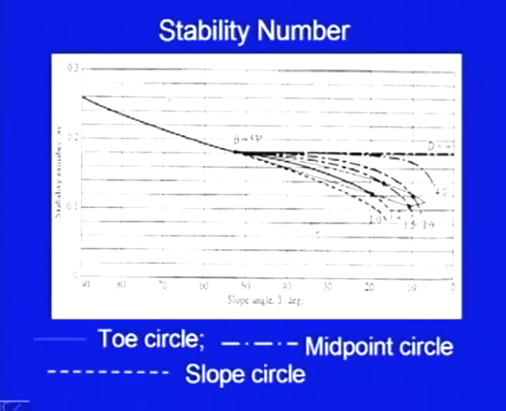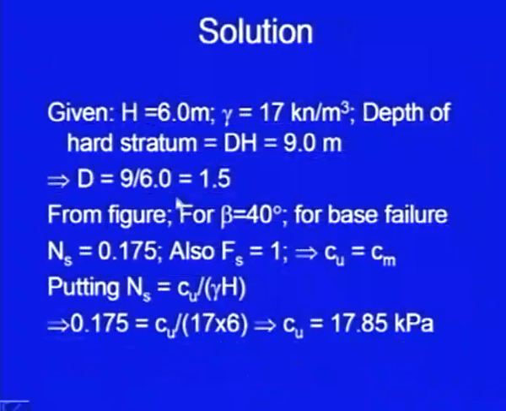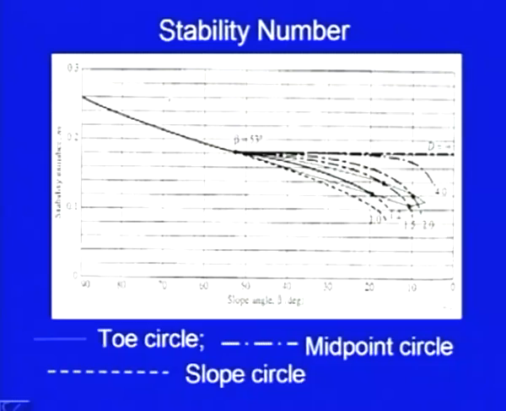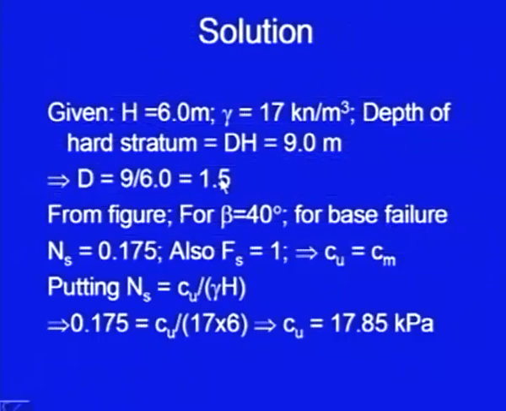This is the chart which I had used here. For beta equal to 40 degrees, you can check for base failure. So, here it is 0, 10, 20, 30, 40. I have to go along with this direction, and here you have to use the base circle. Base circle means midpoint circle here. These are the charts for different d values, and d here, as we have calculated, is 1.5.